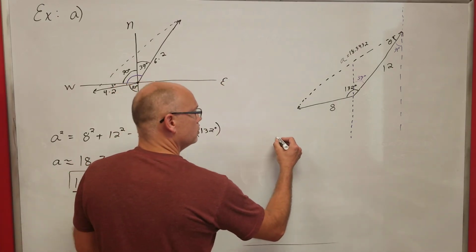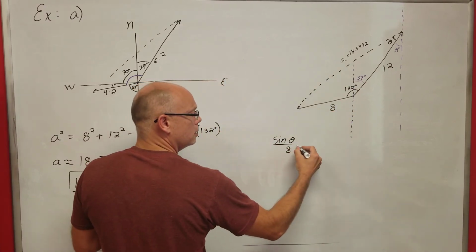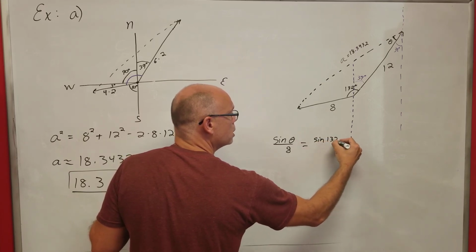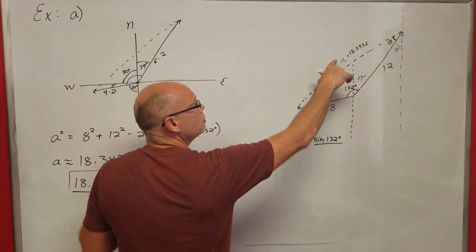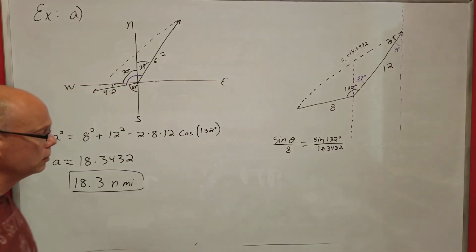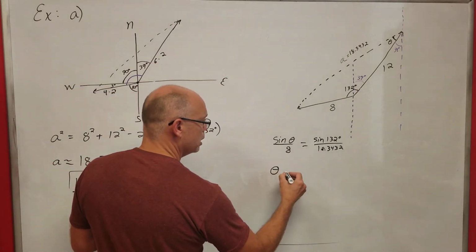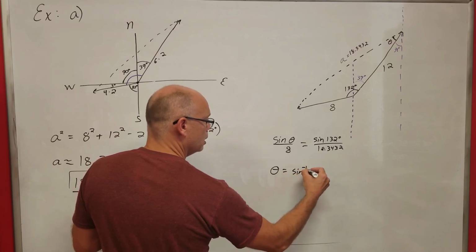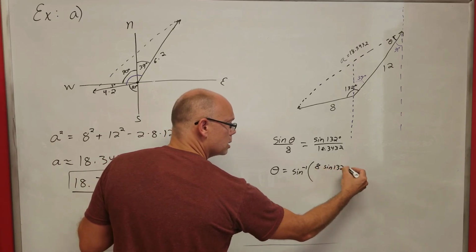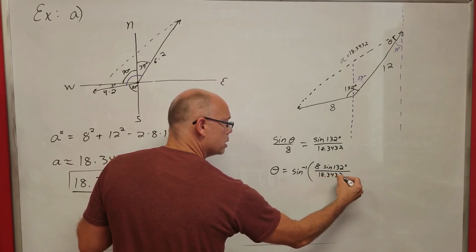Sure could. So I'm going to say the sine of theta over 8, using the law of sines, is equal to the sine of 132 degrees over 18.3432. All right, so you go ahead and cross multiply and solve, and you get theta is equal to the inverse sine of 8 sine of 132 degrees, I'm not going to bore y'all with the details here, over 18.3432.